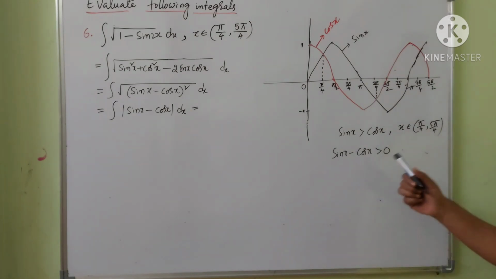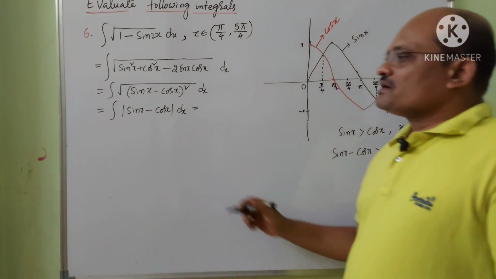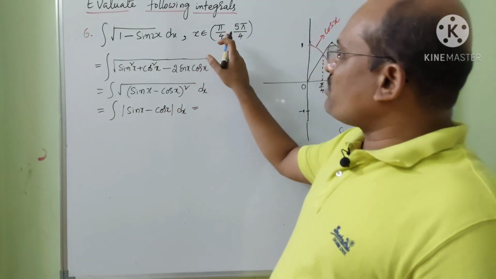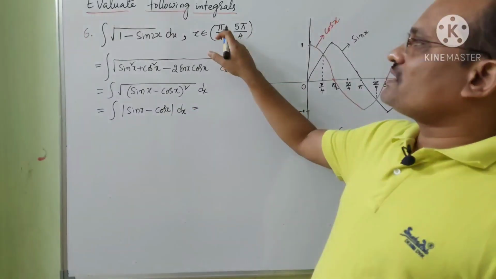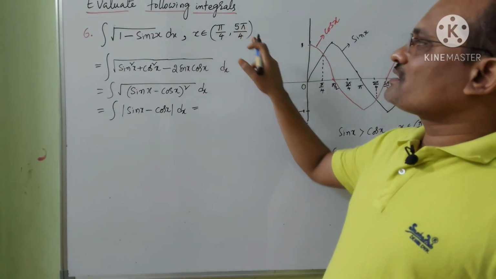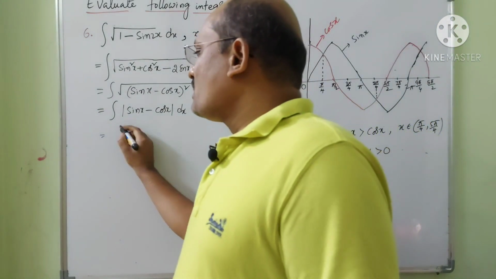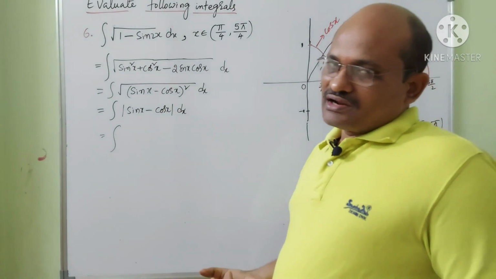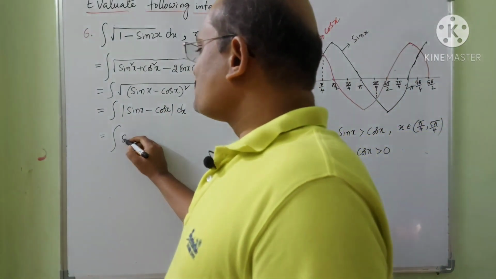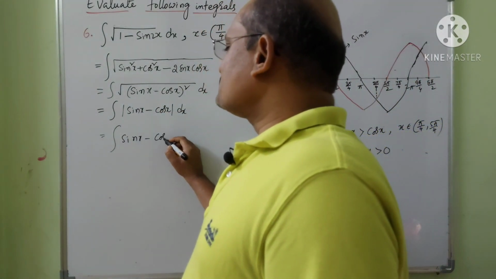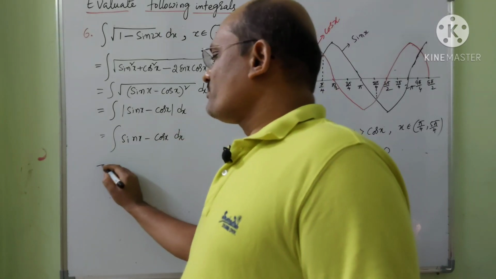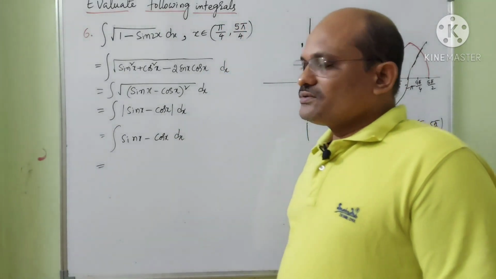That means it is a positive quantity. Sin x minus cos x is positive in the interval pi by 4 comma 5 pi by 4. Modulus of a positive number is positive. That means you can write sin x minus cos x dx. Now integrate, we will get the answer.